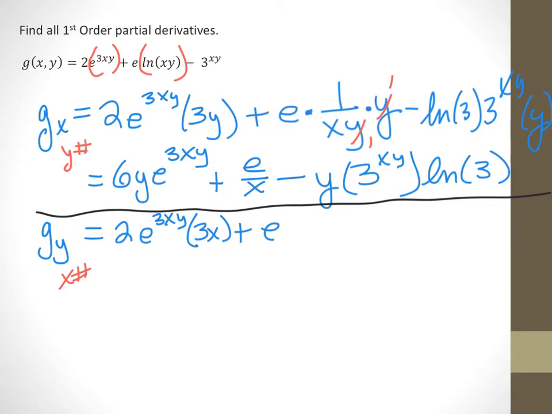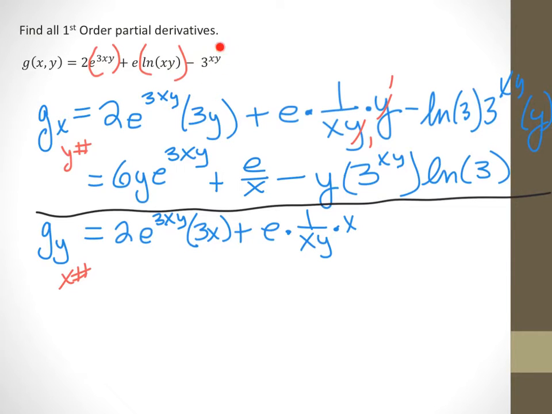Plus, the e comes along for the ride. Derivative of the natural log of xy with respect to y is 1 over what's inside, times the derivative of what's inside with respect to y, so you just get an x.